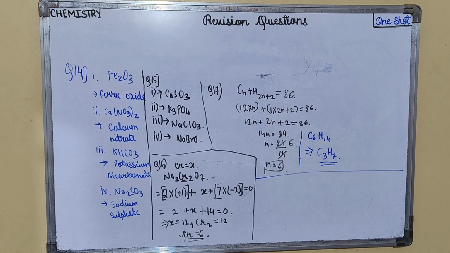Next is question number 18: balance the given chemical reaction by partial equation method.